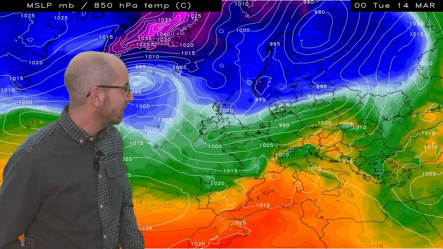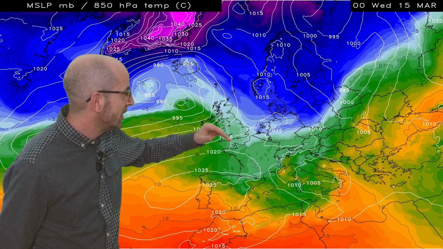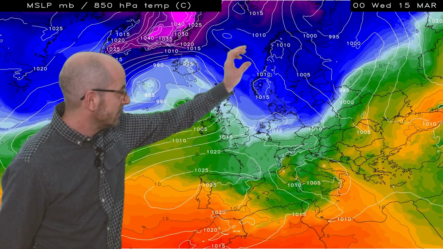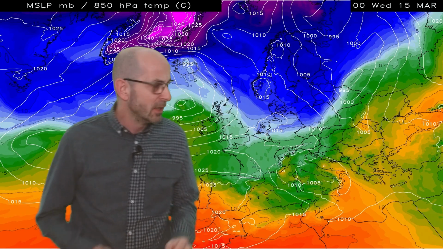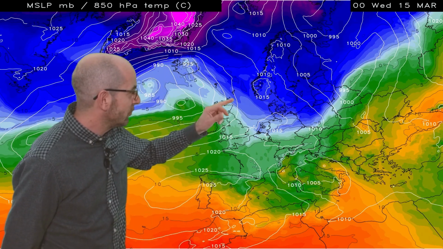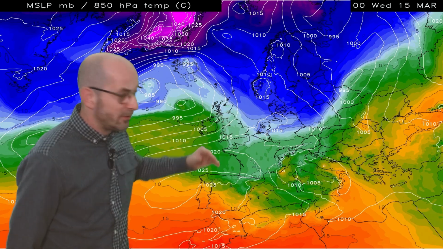At times, the colder air could push back south, but finishing here, Wednesday the 15th of March, the dark blue shading is to the northeast of the UK, and it's really an Atlantic influence which is dominating things. So still quite cold, as I mentioned there, potentially in Scotland, but further south and southwest, it's a milder picture.